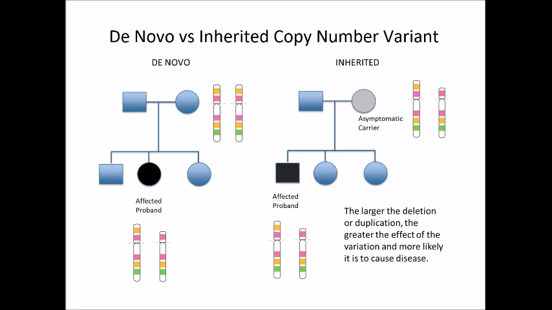This is an example of incomplete penetrance, because the parent doesn't have the disease even though they have the gene, and the child does. As a general rule, the larger the deletion or duplication, the greater the effect of the CNV and the more likely it is to cause disease.